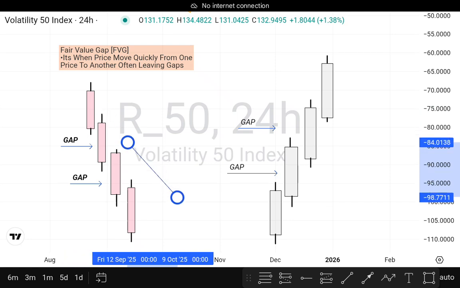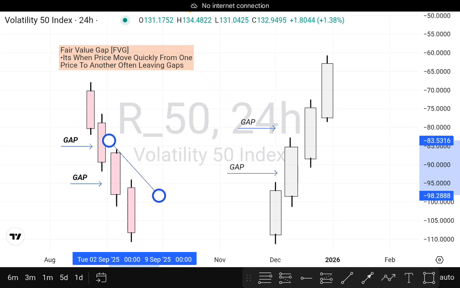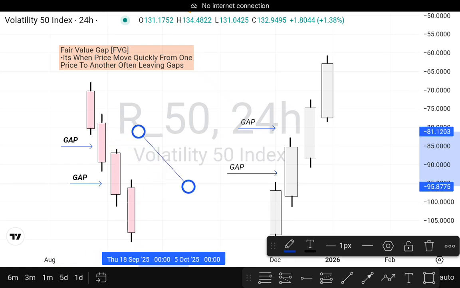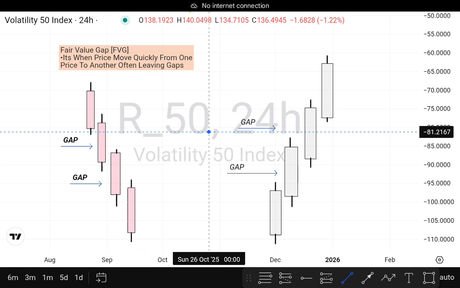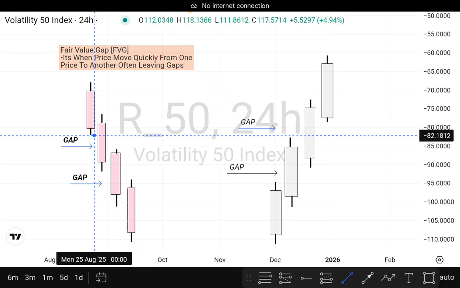As you can see over here, there are gaps. Okay, let me do this, guys. As I said, in order for you to see that this is a fair value gap, you must have at least 3 candlesticks.